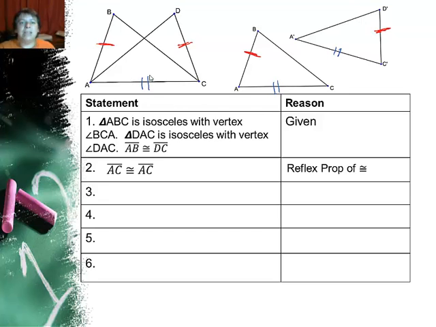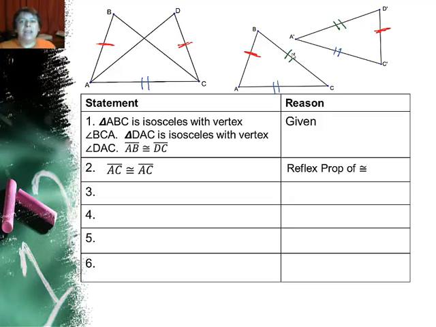So AC is congruent to AC. I have a prime here, don't worry about that. So I've got a side and a side, a side and a side. I just need either an angle or a side in the right place, and I can prove the triangles are congruent.